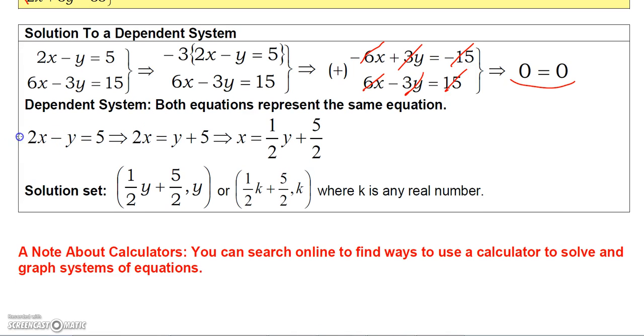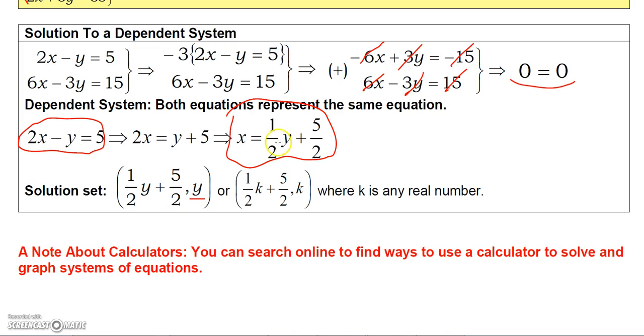So here's what I'm going to do here. I'm going to take the first equation, and I'm going to solve it for x in terms of y. So if I solve it for x in terms of y, it tells me that x depends upon y. And if x depends upon y, then whatever y is, x has to be related to it in this fashion.